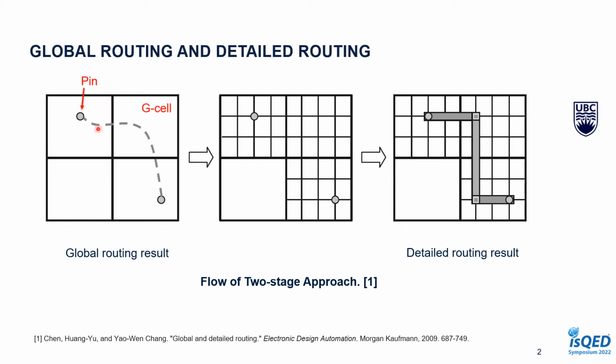And in global routing, we set an approximate route for this wire, and we determine that it goes through these 3 G-cells. And in detailed routing, we put a finer grid in this boundary, and we set the finer route for this wire.